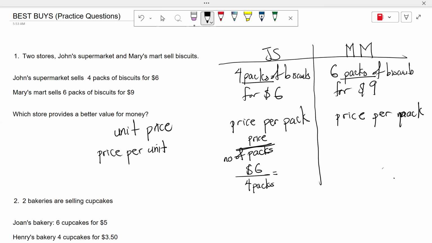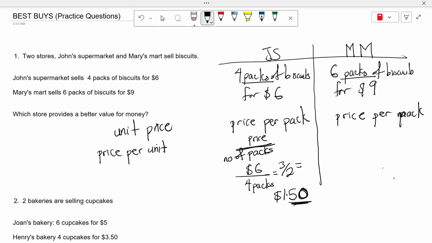If we simplify, that gives you 3/2, which is 1.5. Since it's a currency, we say $1.50, because for currency it's always best to use two decimal places. So $1.50. Let's go to Mary's Mart.